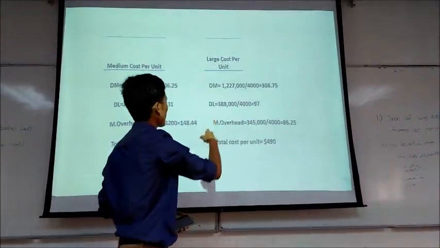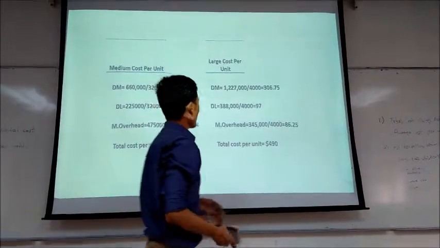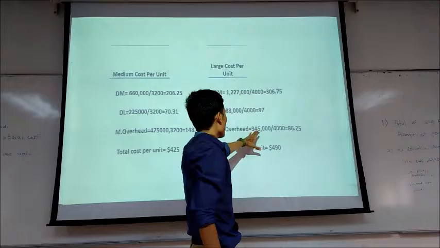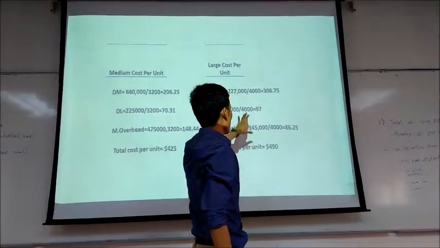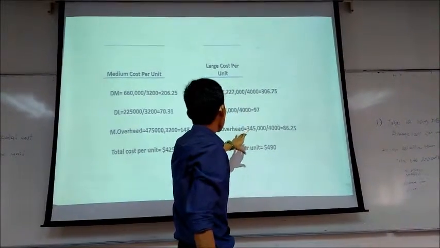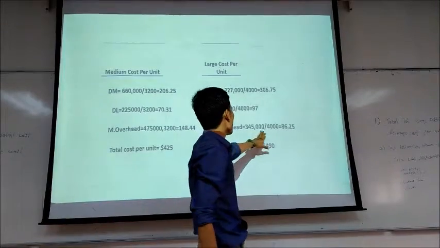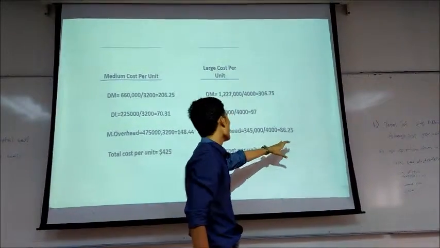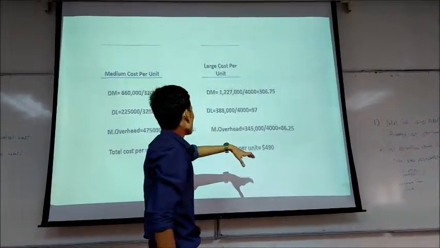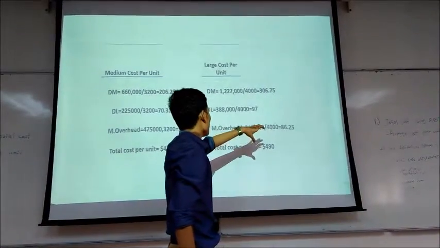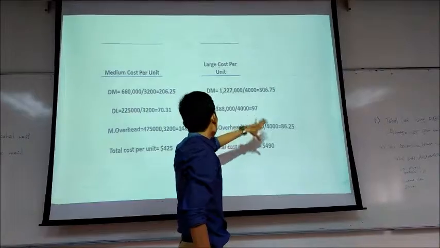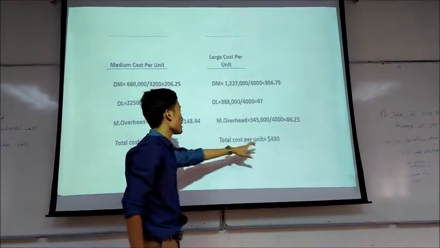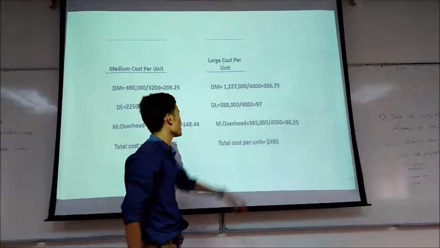And for the manufacturing overhead, you divide 345,000, the total price for the manufacturing overhead, by the volume 4,000, and you get 86.25. And then you total up the per unit for direct material, direct labor, and manufacturing overhead, and then you get $490.